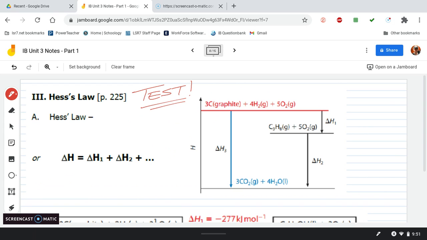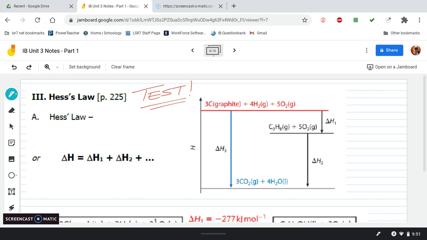If you might recall, I said that a lot of this unit is just different ways to find delta H. Well, Hess's law is just another way to find delta H. If you know the individual delta H values, then you can add them up and come up with the overall delta H. So let's get a definition down for Hess's law.